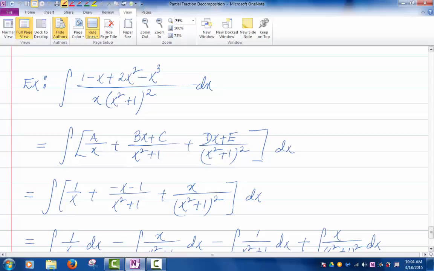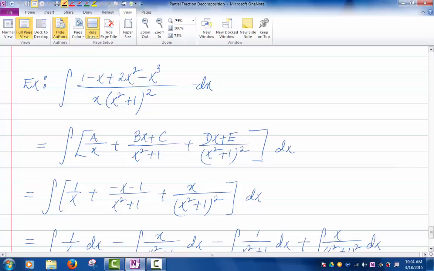Now, what would be the partial fraction decomposition of this? Well, it is obviously a proper fraction, right? Because what is the degree of the denominator? The degree of the denominator would be 5, so it is greater than the degree of the numerator.